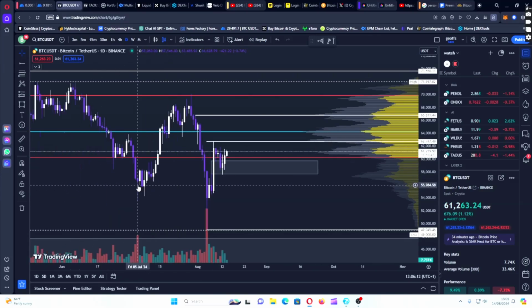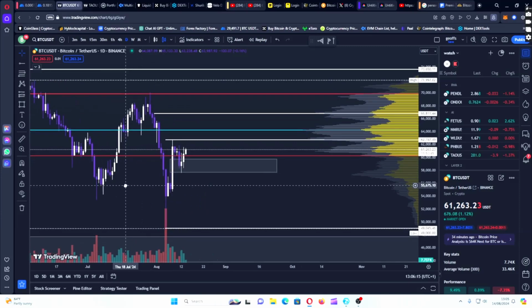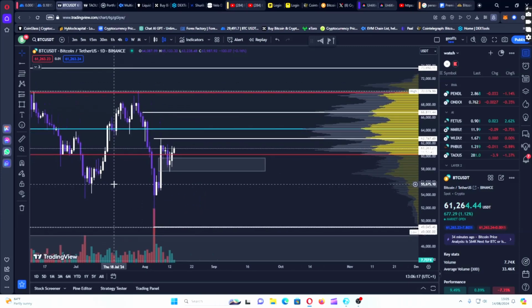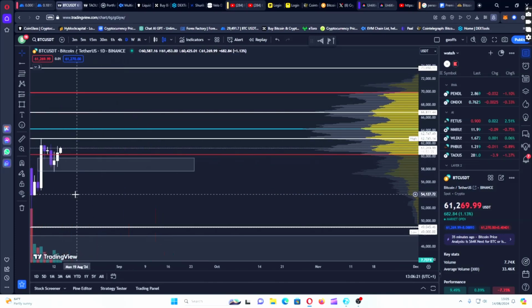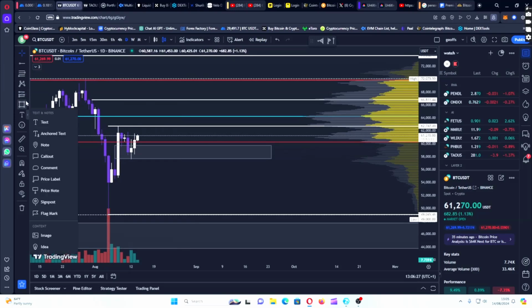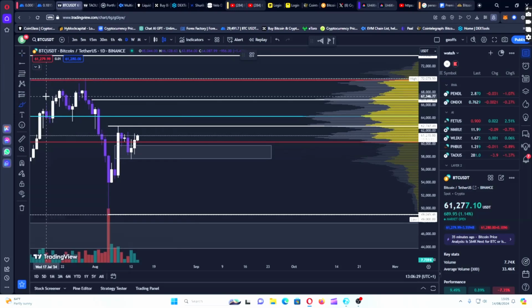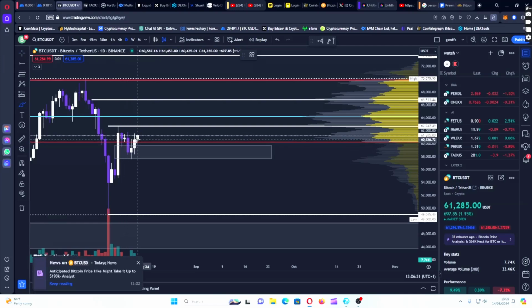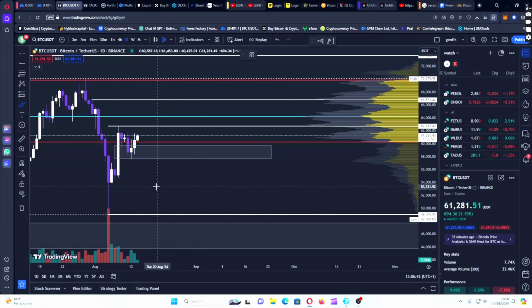Possibly this area before we can actually look at taking a long. If we're going to be going bearish on the daily, you know, I know a lot of people want to trade every single day, and I understand it. Yeah, you want to make money every single day, and I know that. But sometimes you just gotta sit there on your hands and wait.